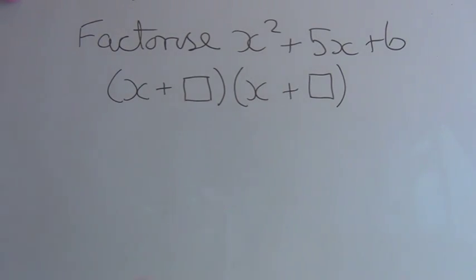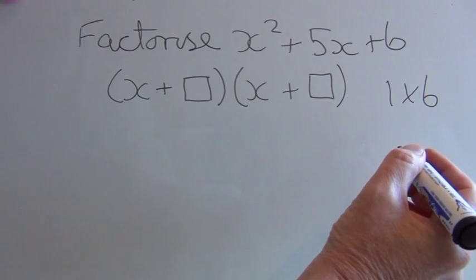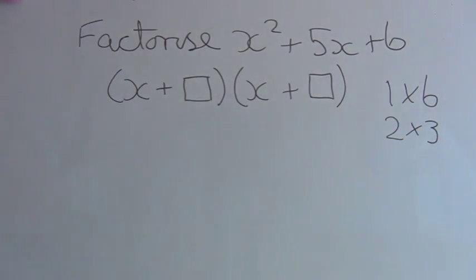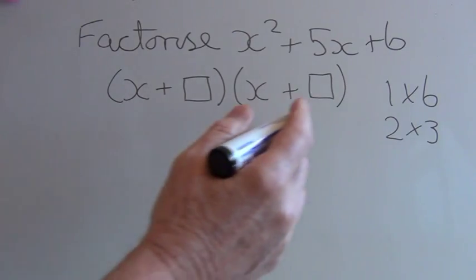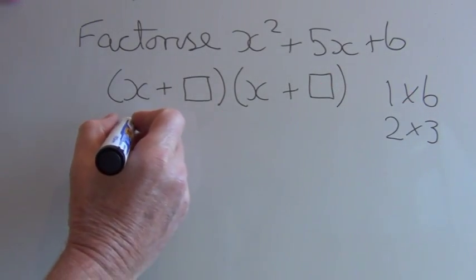So we have 1 times 6 and 2 times 3. Now, in both cases the product is 6 as required. Now, by examining the coefficient of x, we can determine which one of those is correct. So first of all, let's examine the coefficient of x with regards to 1 times 6.